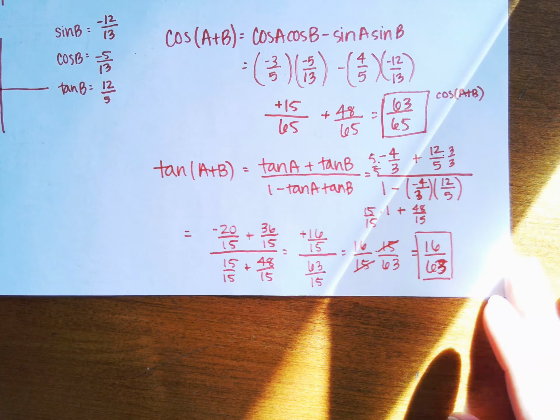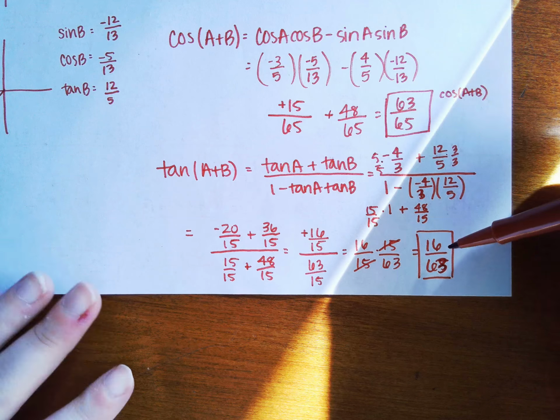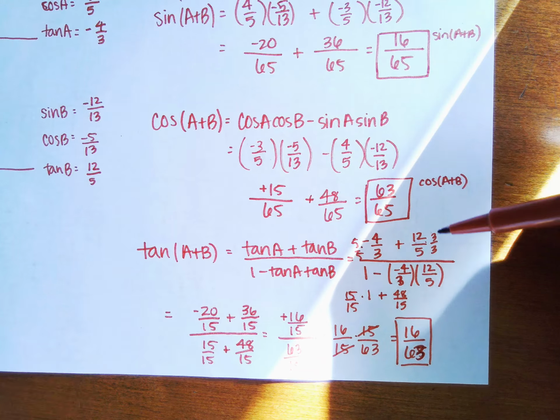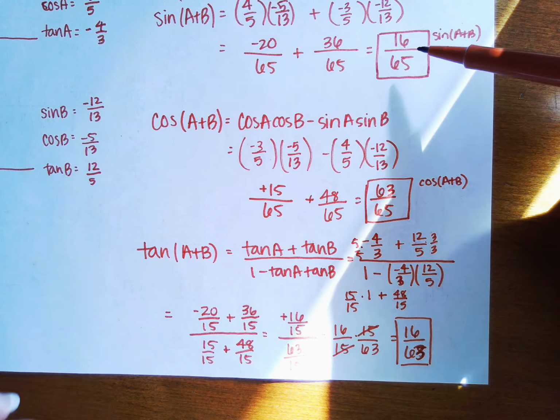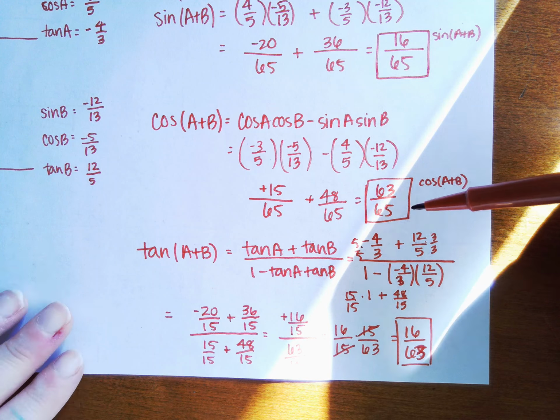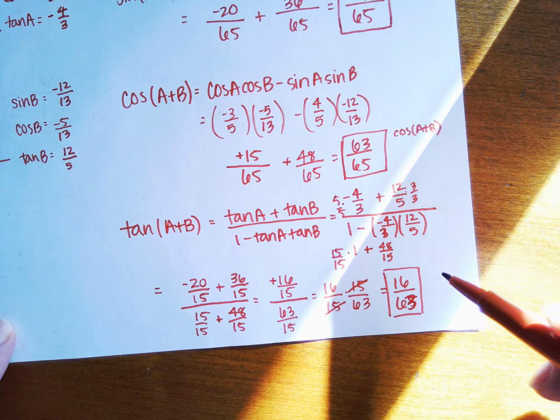Now, interestingly enough, these values, 16 and 63, shouldn't look unfamiliar, because we found those values up here with the sine of A plus B and cosine of A plus B. That was just one method.